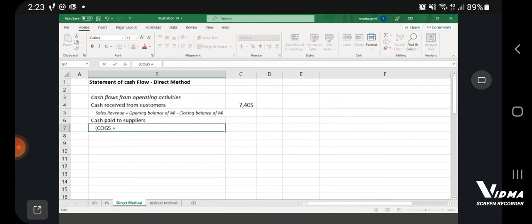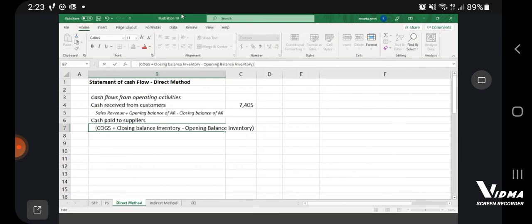That is, we add the closing balance of inventory and we deduct the opening balance of inventory. Again, inside these brackets over here, what we have done is that we have calculated the purchases of inventory.